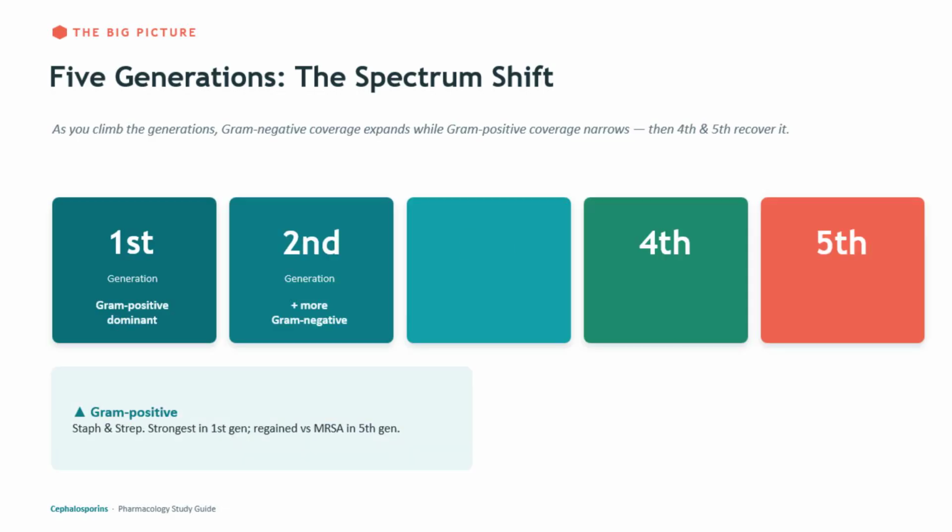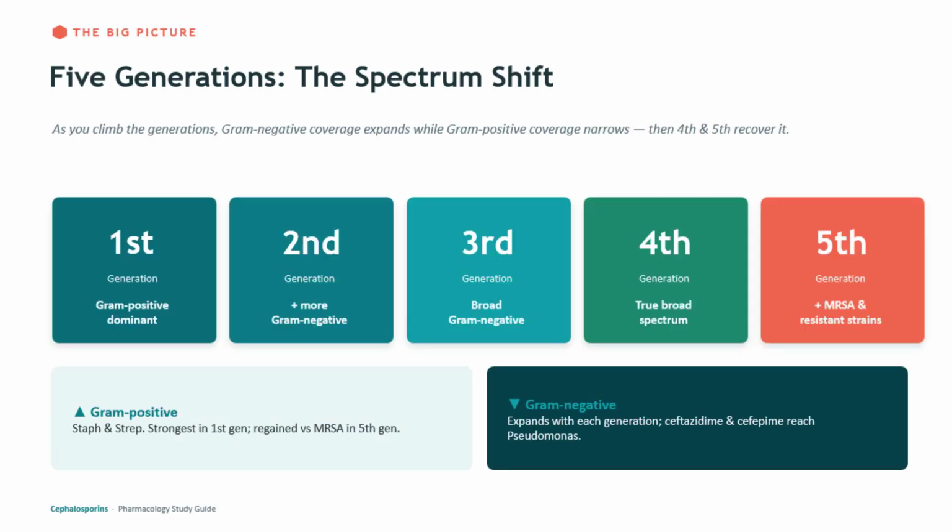Here is the big picture that ties this whole lecture together, so pay close attention to this slide. As you climb the 5 generations, there's a very predictable shift in coverage. The first generation is dominant against gram-positive organisms, your staph and your strep.